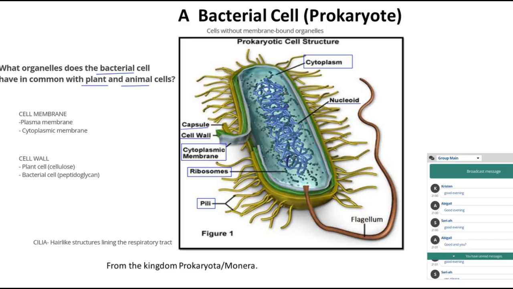In this case, now the pili serves the purpose of attachment to surfaces. So bacteria need to be able to attach to different surfaces. So if they're found in the soil, they can attach to the soil particles. They can attach to other bacteria because sometimes bacteria will be found in colonies.